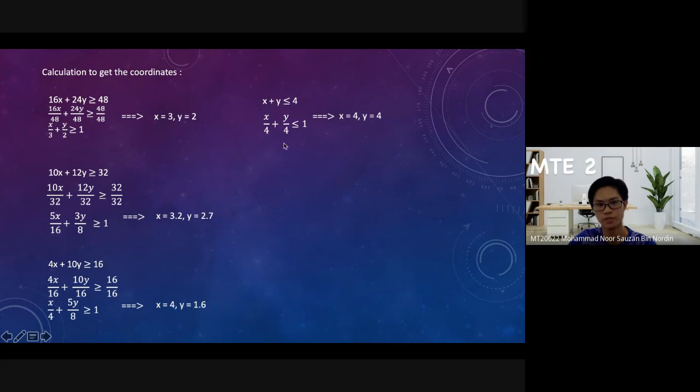And for the weight, x plus y less than or equal to 4, I will divide them by 4. So I will get x over 4 plus y over 4, and x equals 4 and y also equals 4. With all of the coordinates that we have got, we can finally plot them in the graph.